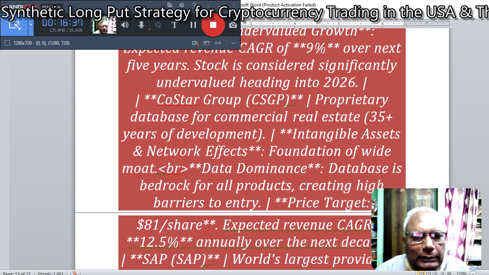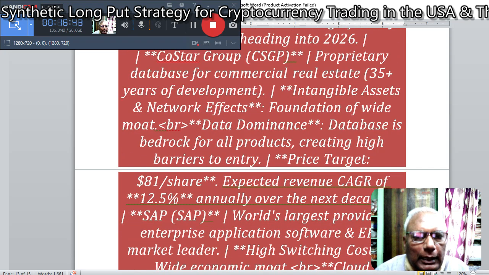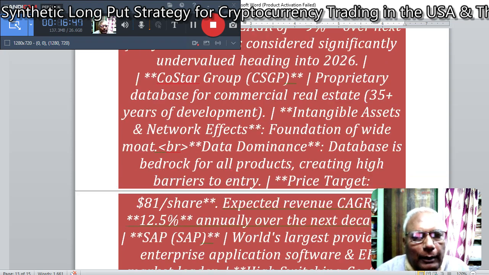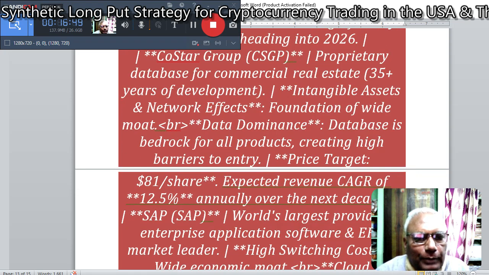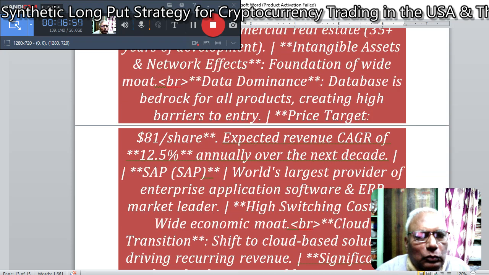Data dominance: the database is the bedrock for all products, creating high barriers to entry. Price target $81 per share. Expected revenue CAGR of 12.5% annually over the next decade.